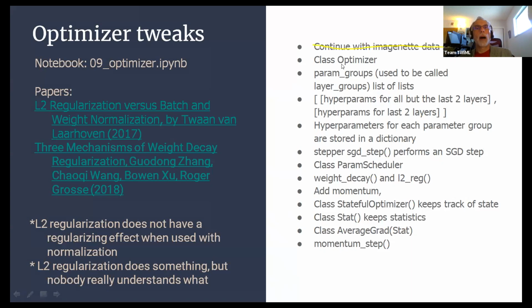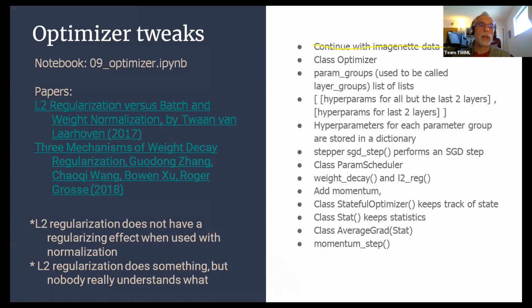All right, so again, he builds this class called Optimizer, and then he has another object called param groups. And param groups used to be called layer groups. I think back in course 1, you remember when he divided the layers into the later layers and the earlier layers, he used a pre-trained network, and he froze all the layers, and then he unfroze the last 2 layers, and then he unfroze progressively all the rest of the layers.